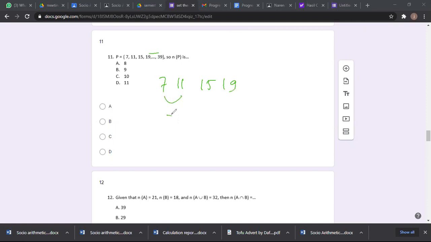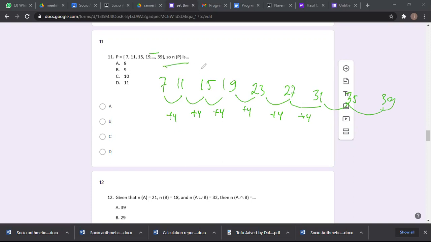From 7 to 11, we add 4. From 11, we add 4 as well. Here, we add 4 as well. So the next number is 23, then add 4 again, 27, then 31, 35 and then 39. So this is the complete version of P.